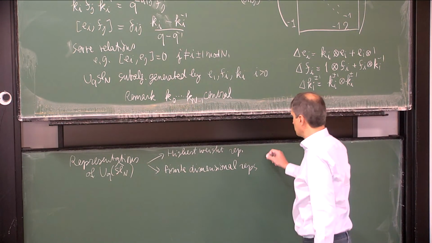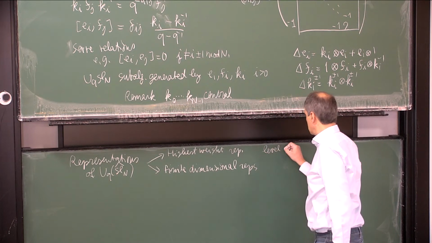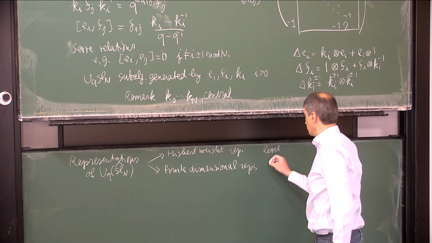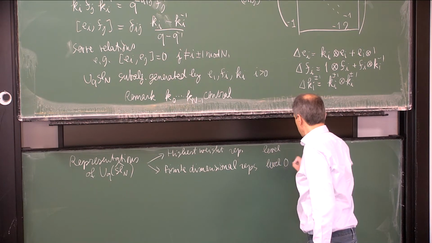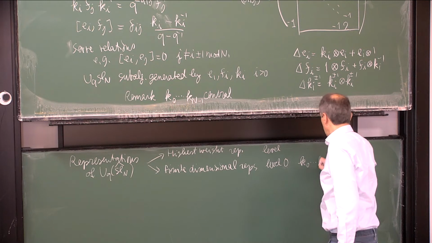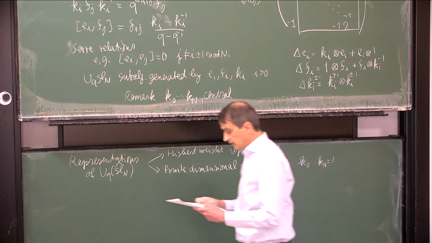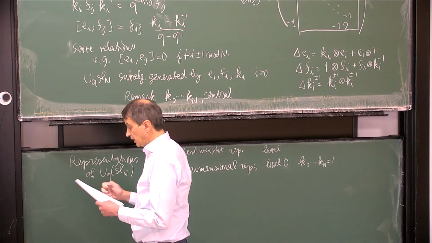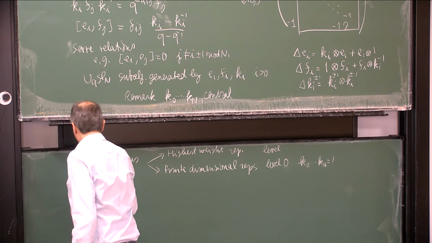So here you have some level k, so the value of the central element, and here you have level 0. So it means that this central element is equal to 1. So let me give some examples of this story here. So the main example is a vector representation.